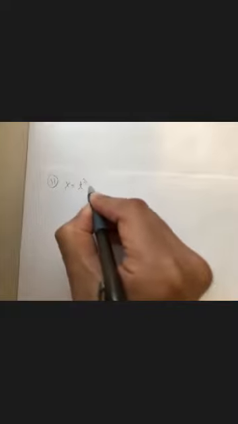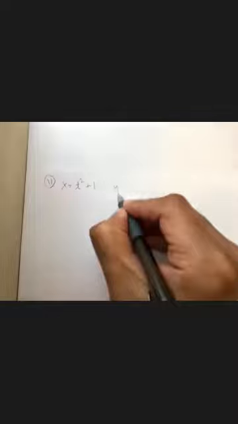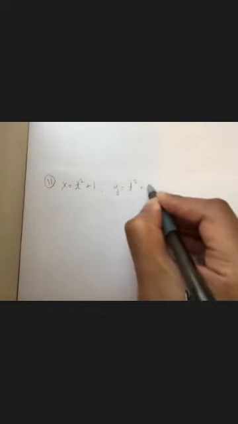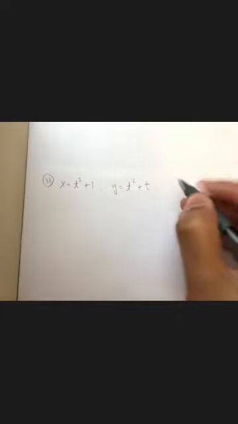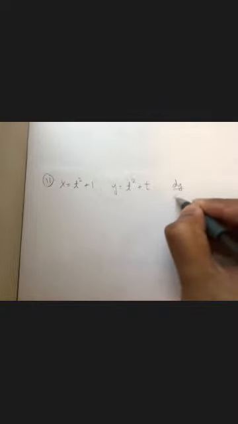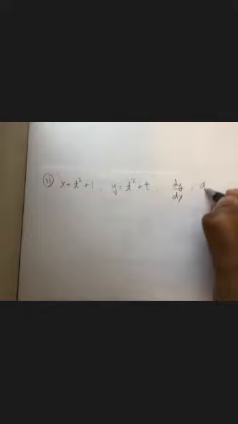The curve is given to us as, and the question is find dy over dx, d square y over dx square, and for what values of t is the curve concave upward.